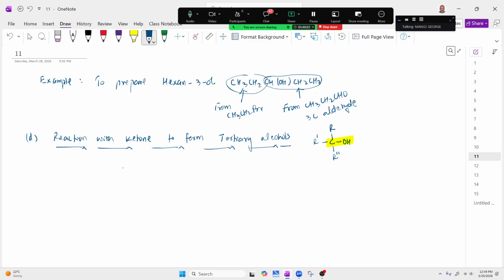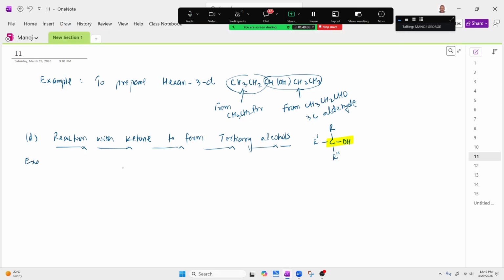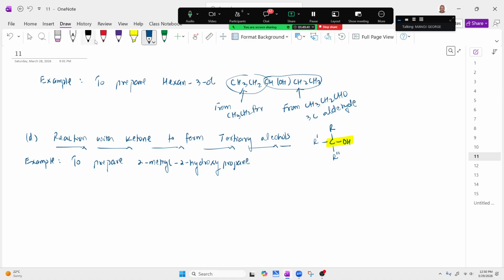So let's say, for example, to prepare, let's say I want to prepare 2-methyl 2-hydroxy propane, or in fact, the other variation, no, hold on.